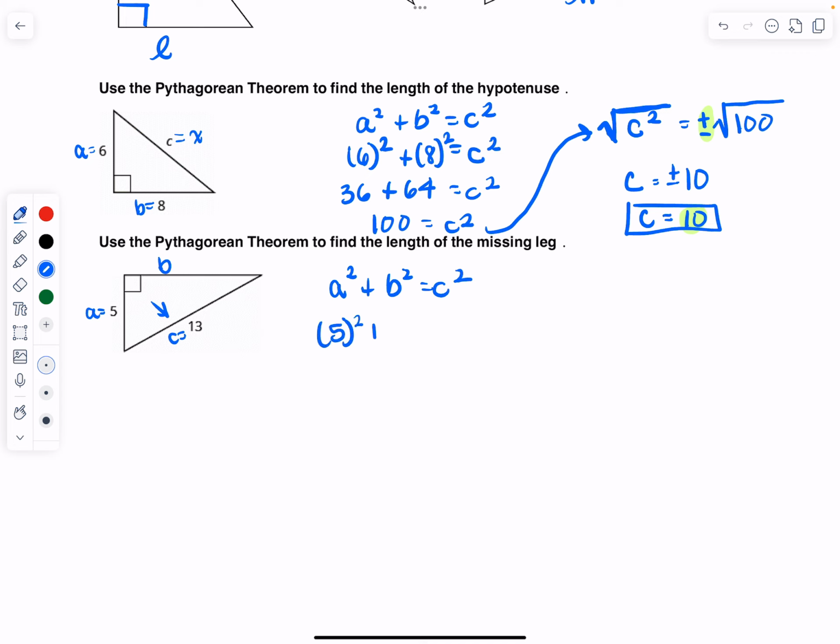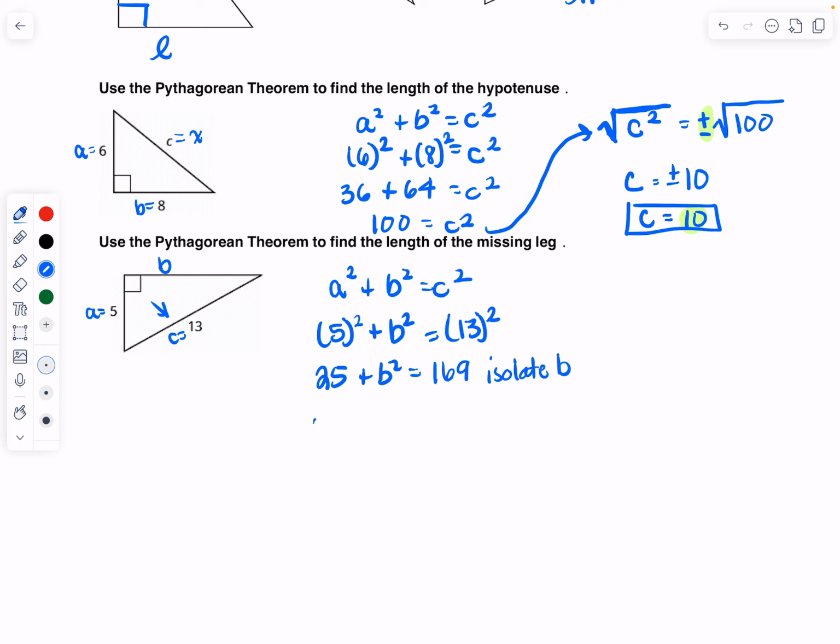So I get 5 squared plus, I don't know what b is, so I'm leaving b squared alone. And I do know what the length of c is, it's 13. I'm going to square that. So 5 squared is 25 plus b squared equals. Now I think 13 squared is 169, but I'm going to double check that. Yeah, it's 169.